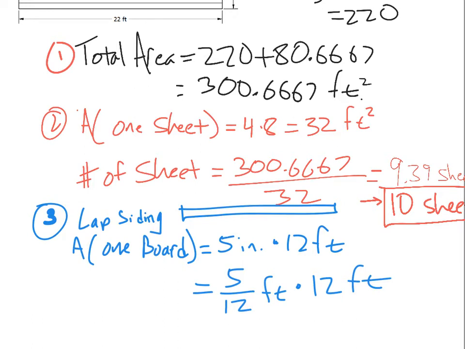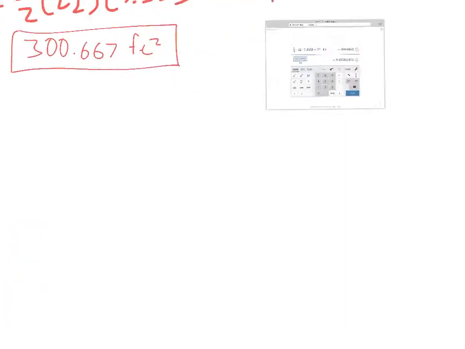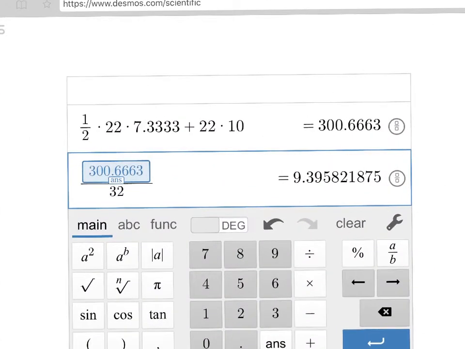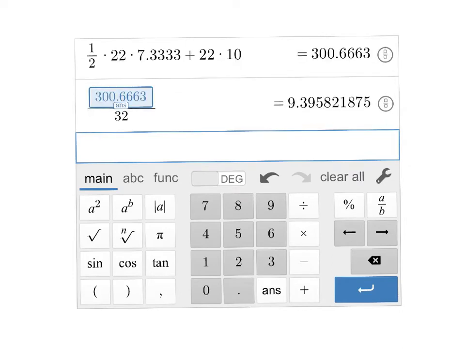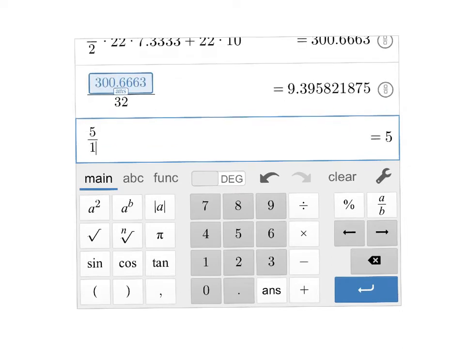Okay, now, well, this is just going to cancel. We can go to our calculator and do this, but this is just going to cancel. It's 5 divided by 12 times 12. This is just going to be 5. But we can convince ourselves over here with our calculator. We've got 5/12 times 12, because you notice we just did 5 divided by 12 times 12.